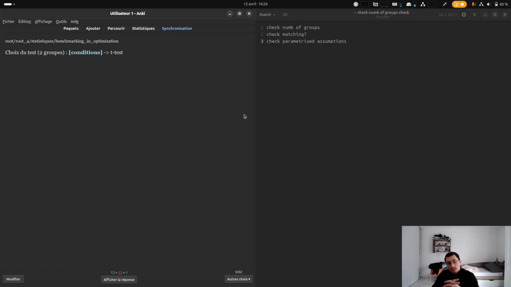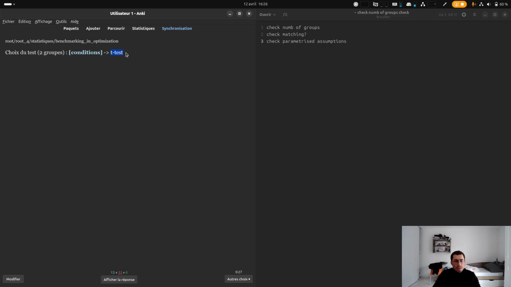Okay, so the t-test needs paired data. I'm thinking that I should have created cards where this is also hidden at the same time as this one, because tests also depend on how many groups you have.